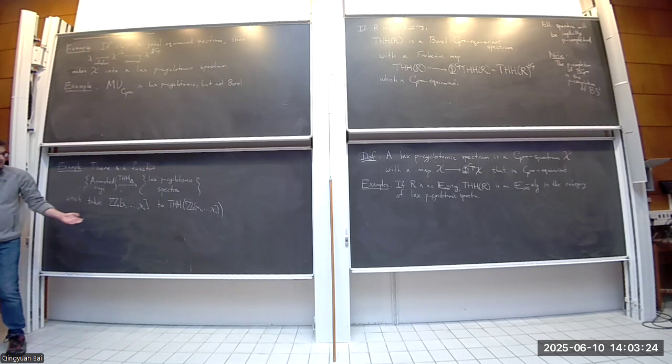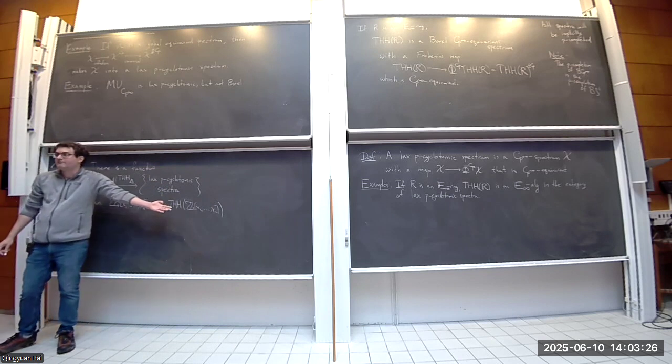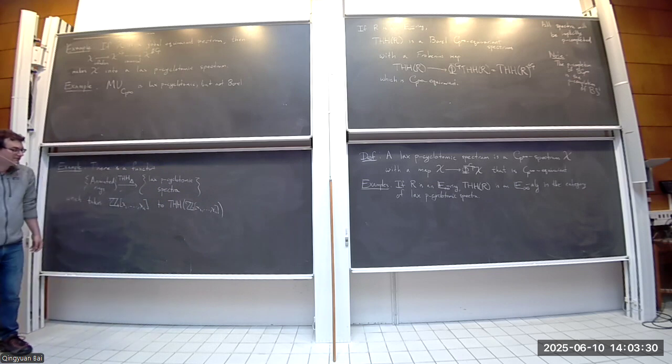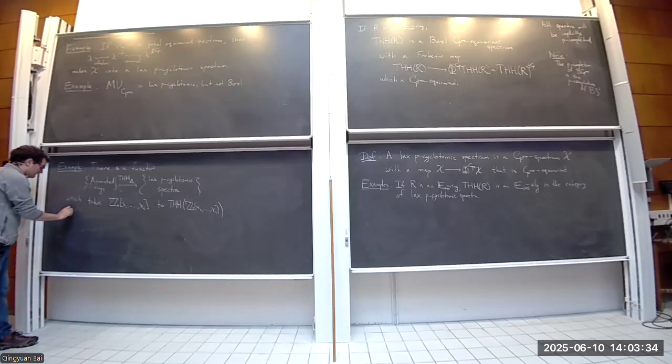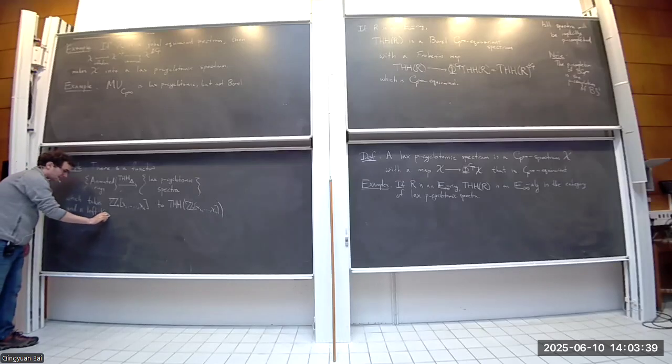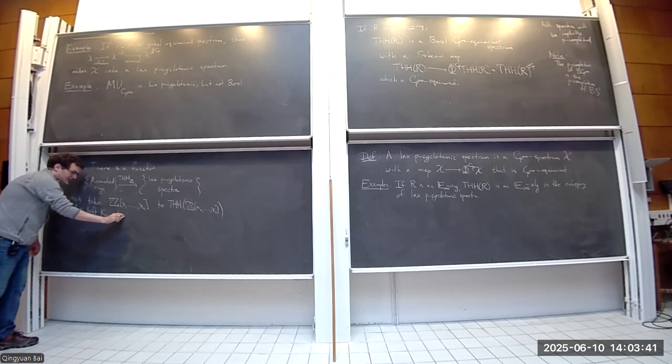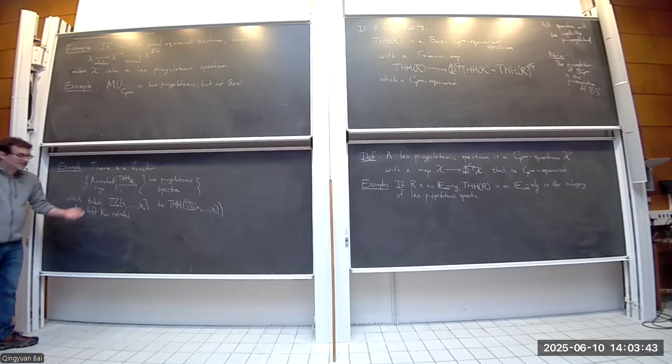So that's a functor, and here I'm thinking about this again as a Borel lattice piece of the cyclotomic spectrum. If I want to specify a functor on all animated rings, I just have to specify what I want to do to the polynomial algebras, and then the rest is forced by left Kan extension.